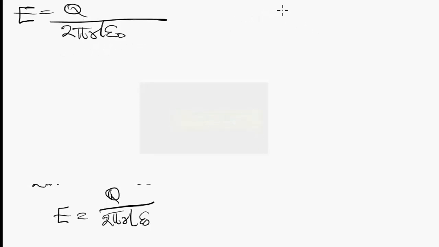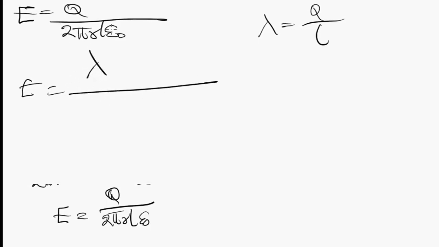I'll have to recall that my linear charge density is Q over L. So if I replace Q by my linear charge density lambda, the electric field E is equal to lambda times L over 2 pi r L epsilon naught.